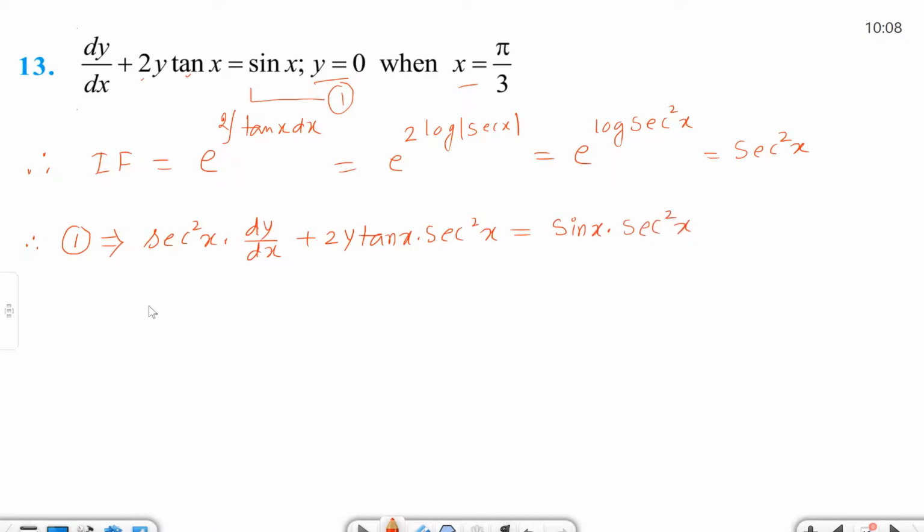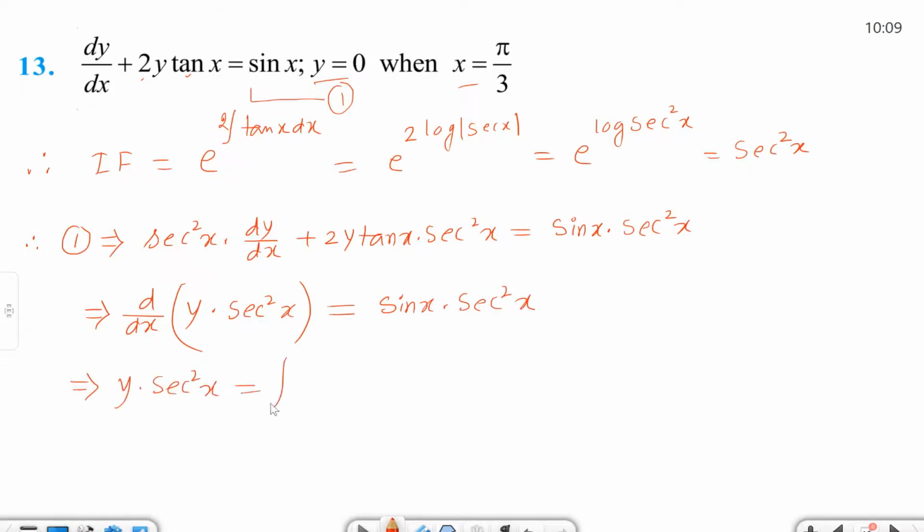So the left hand side is very simple. I can directly write d/dx of the linear variable, which was y, so y into IF, sec square x, is equal to the right hand side, simply sin x into sec square x. Then what to do? Remove d/dx. y into sec square x is equal to integration of sin x into sec square x dx plus constant c.